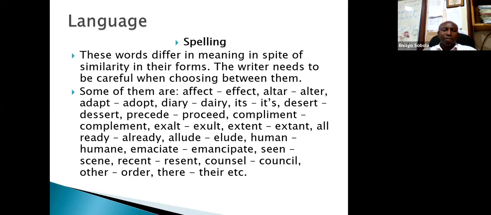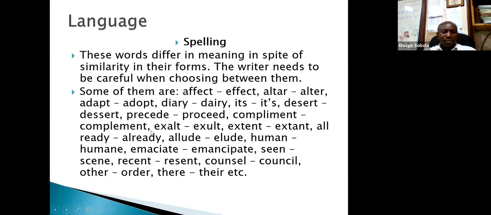Some of the examples here: affect, effect. They are different. Altar, alter. The altar means a higher place of ritual or sacrifice, but alter here means to change. Adapt, adopt. Diary, dairy. Desert, dessert. Precede, proceed.